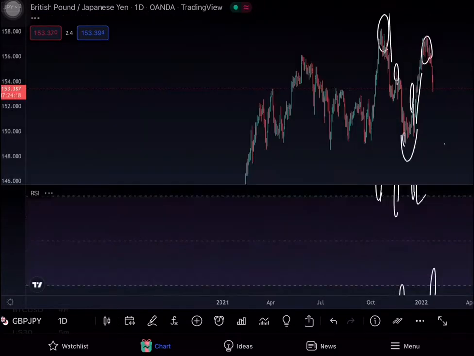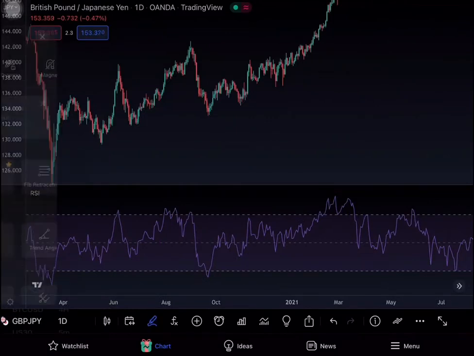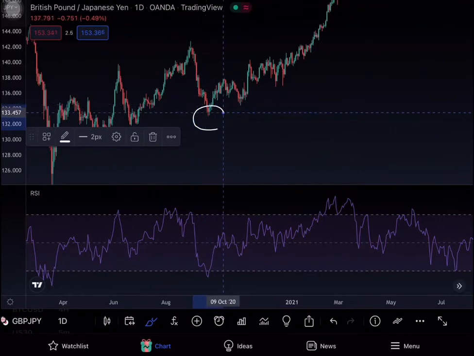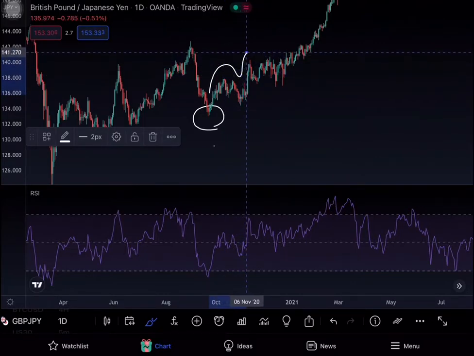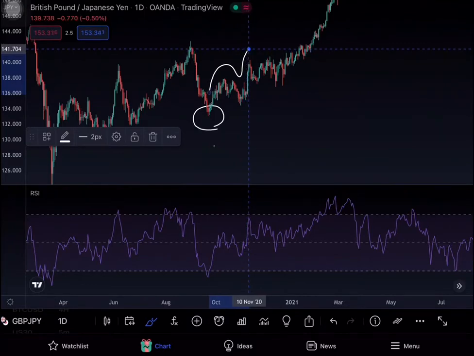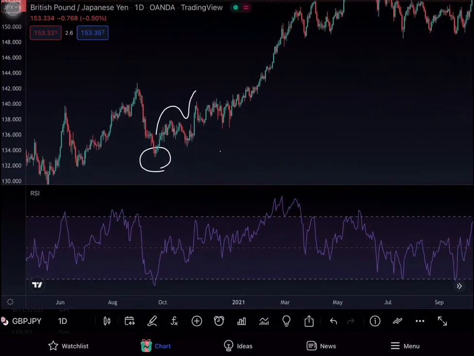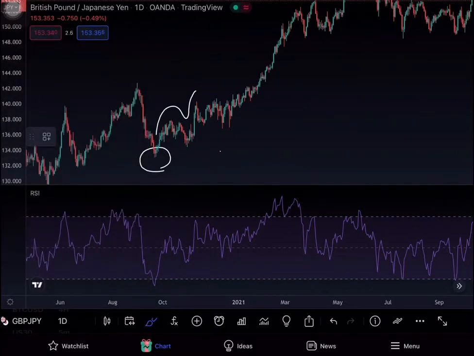For example, in the daily timeframe, as you see in here, price was oversold. Okay, so price goes and in here breaks the 50 line. As you see, the bullish impulse and bullish wave had just started, just with RSI.